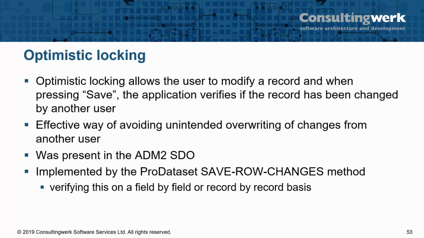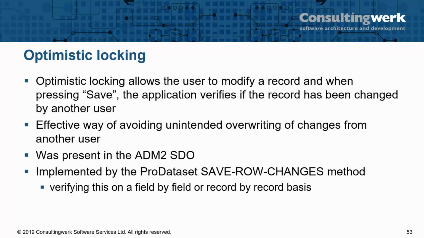When it comes to implementing locking, something that works very nicely with the JSDO and the ProDataSet is optimistic locking. Optimistic locking is a way of not blocking exclusive access to a record. It's more, once you actually want to commit it to the database, verifying if nobody else has changed it in the meantime.